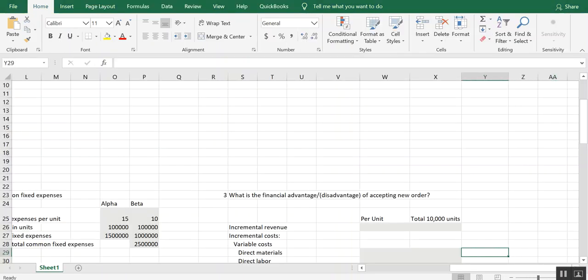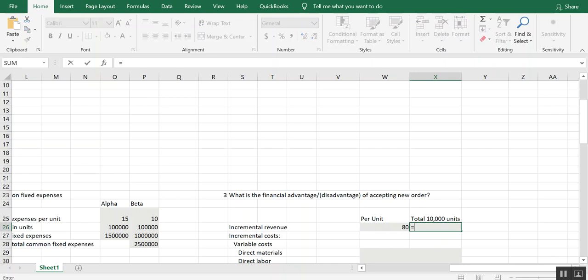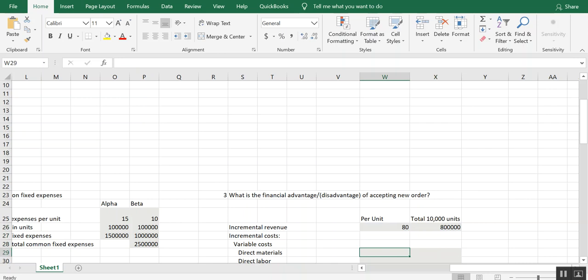We're going to calculate this. We get to sell these alphas, instead of at $120, at $80. So we're going to take the $80 times the order of 10,000 units. We get a total incremental revenue of 800,000.